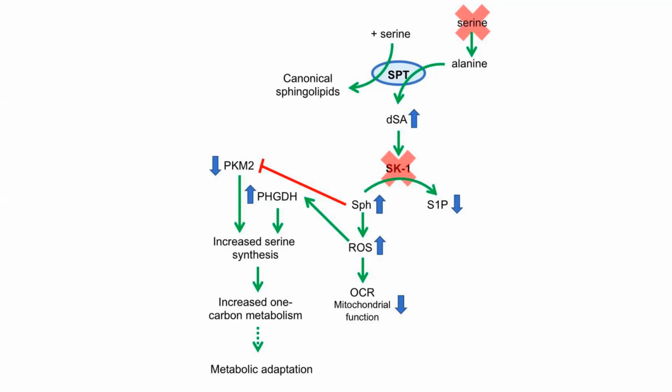So I will just close here by saying that two important pathways, fatty acids and amino acids, are really critical in regulation of sphingolipids, and by looking at mechanisms, we found that they were important in regulating cell death in cancer.